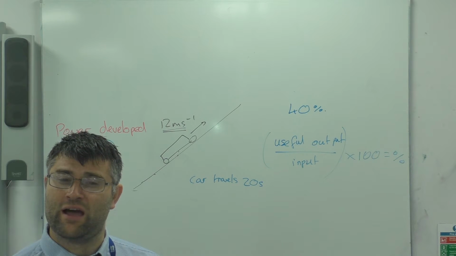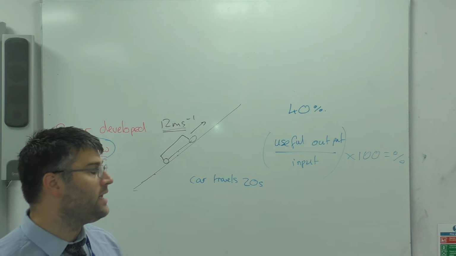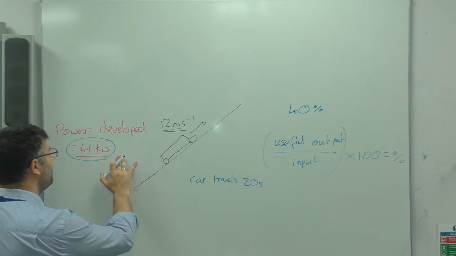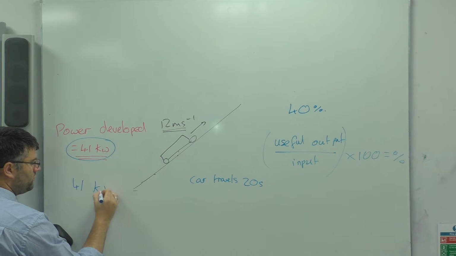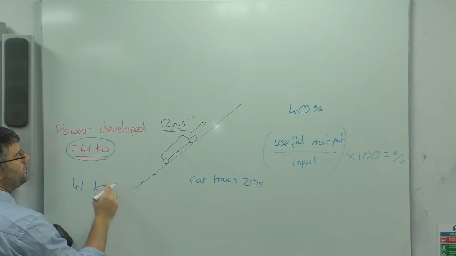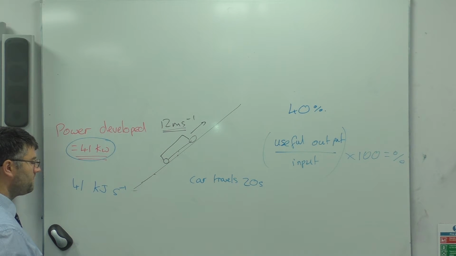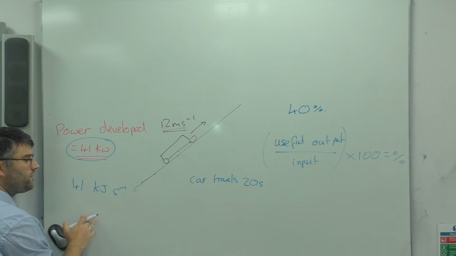If power is the amount of energy or work done per second, joules per second, then we can use this idea to suggest that there is 41 kilojoules used every second. Okay, because that's exactly the same thing as that.